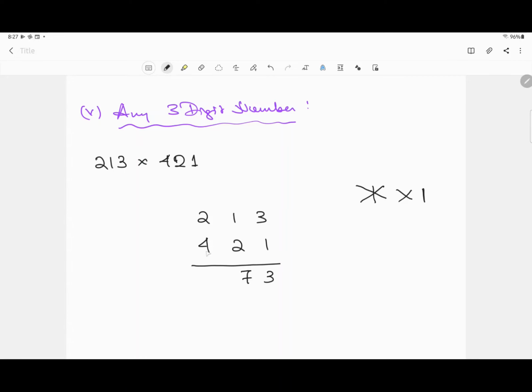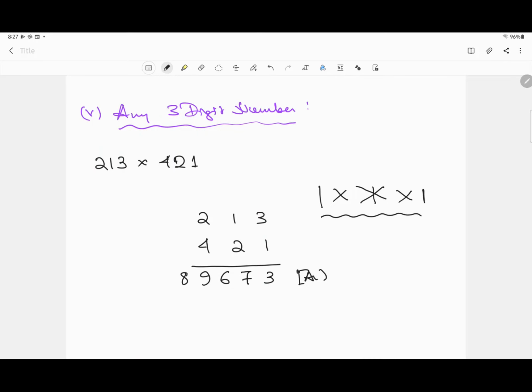Okay, 2 into 1 is 2, 12, that is 14 plus 2 is 16, 6, carry 1. Okay. Then a small cross multiplication, that is 2 into 2 is 4 plus 1 into 4 is 4. So, it is 8 plus carry 1, that is 9. Then a vertical multiplication, that is 2 into 4, which is 8. So, this is the answer.